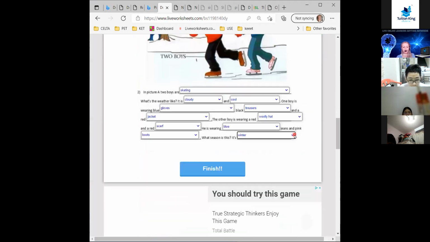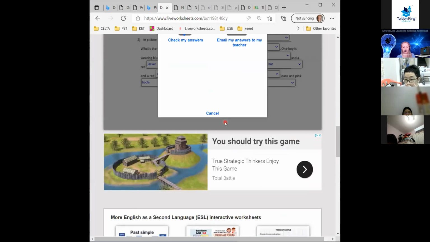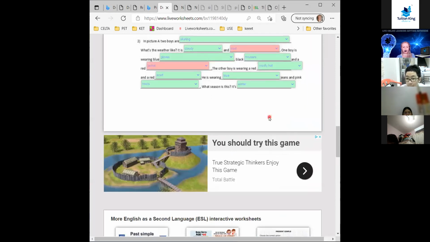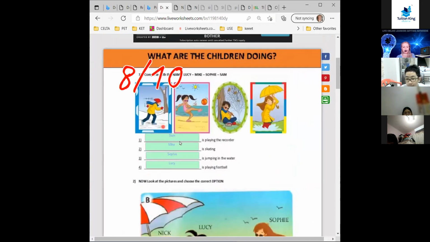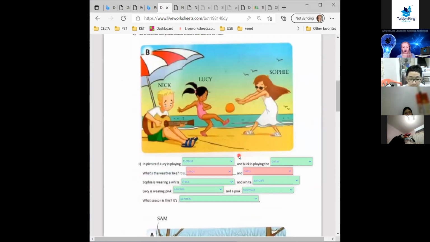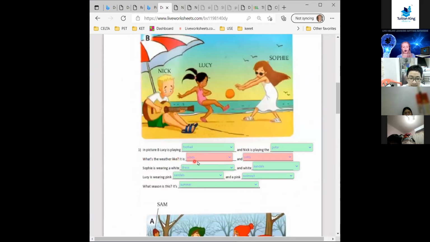All right, let's check out the answers and see what we have done. Sam is playing the recorder. So this is Sam. Mike is skating. Sophie's jumping. That's easy for the girls to say. Now let's see what's wrong with the weather over here.